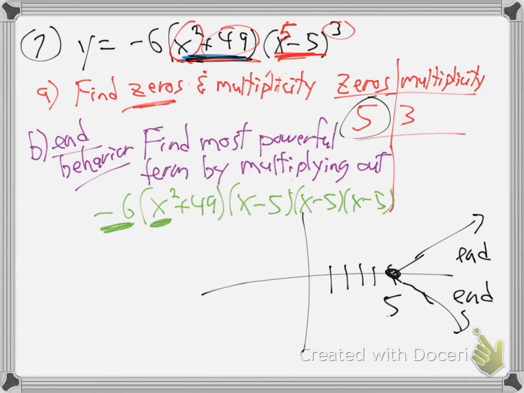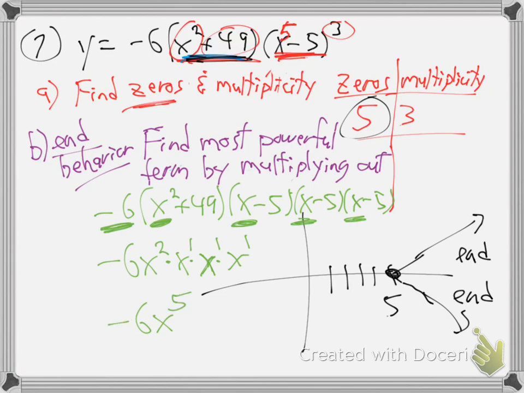It would also multiply to 49, but I don't care about that. I'm just cherry picking the most powerful term. That would eventually multiply that guy, and that guy, and that guy. I don't care about the minus 5s. I just want the most powerful interaction. I don't care about the less powerful interactions. And what would you get? Minus 6 x squared times x times x times x. Remember that powers add? Minus 6 x to the 5th.